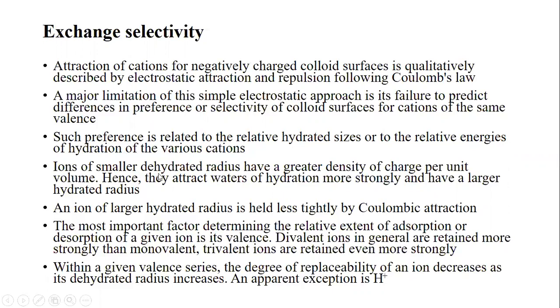Ions of smaller dehydrated radius have a greater density of charge per unit volume. To explain that, you know that all ions or atoms, we consider them as spheres. So if we have two ions without hydration, not in solution, one of them is smaller than the other in their dehydrated condition. Ions of smaller dehydrated radius, which means the sphere is smaller, have a greater density of charge per unit volume.